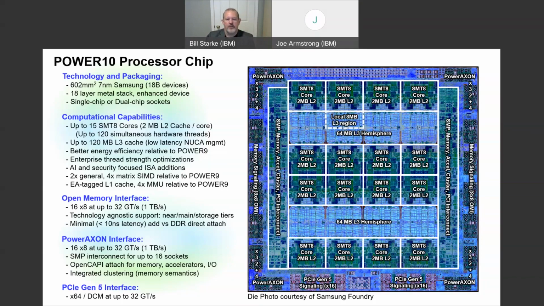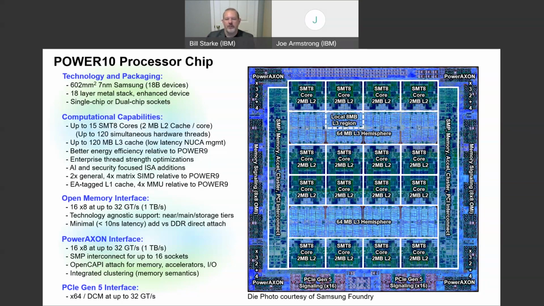Our signaling interfaces, where we do our SMP interconnect, accelerator attach, and clustering, we basically took all of that and unified it. So there's a set of signaling interfaces around the corners of the chip that are very versatile and flexible and can be deployed in a lot of different ways. And then finally, the PCI ecosystem. We are among the first to bring PCI Gen 5 out.